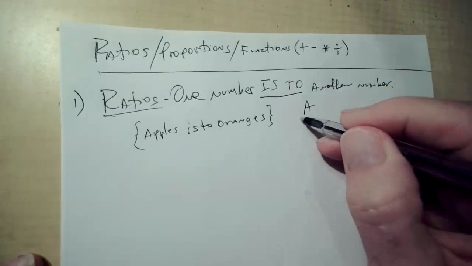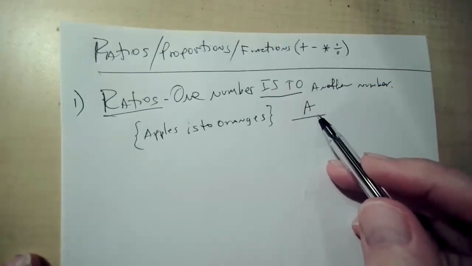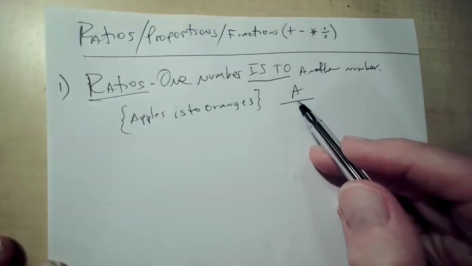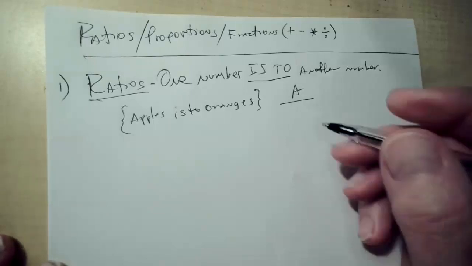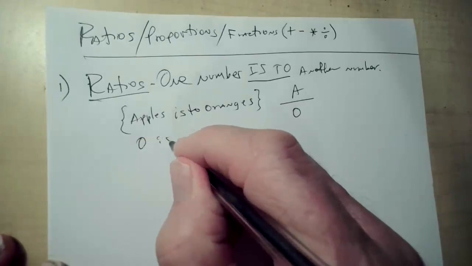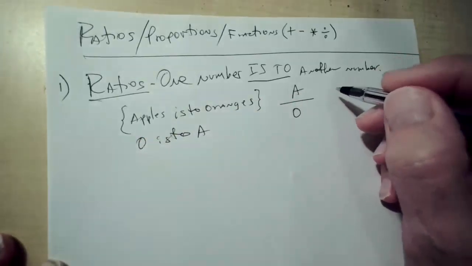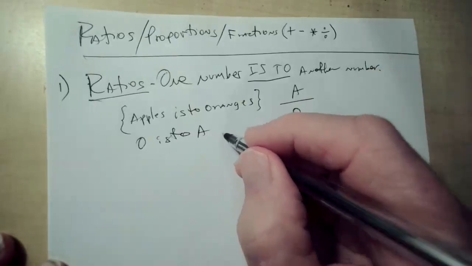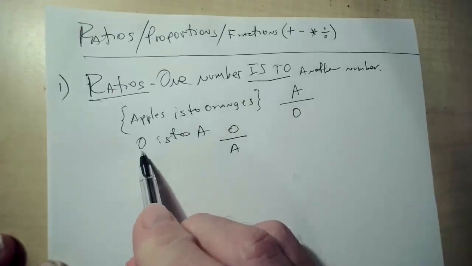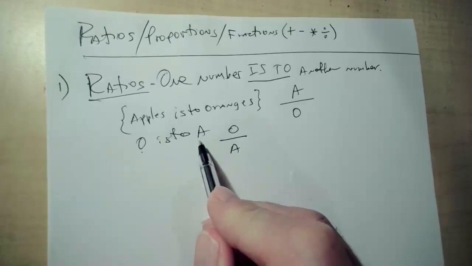Remember we talked about this a lot, the fraction bar means divided by, it also means is to. Or if you said oranges is to apples, that one would be oranges over apples. This is going to be in the numerator, or the top number, and this is going to be the bottom number.